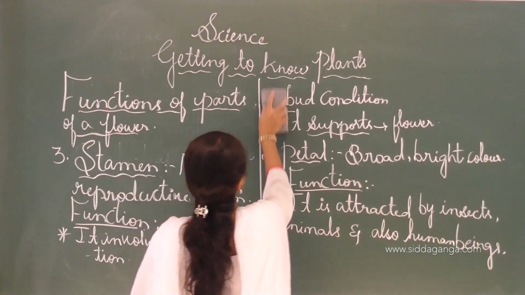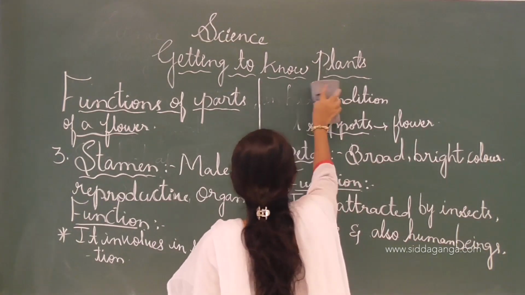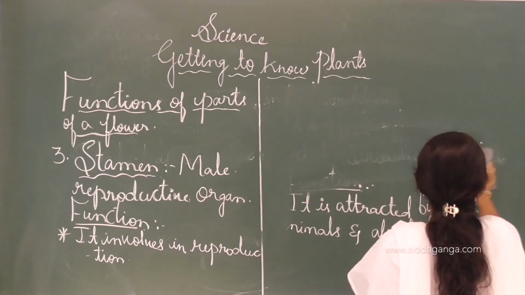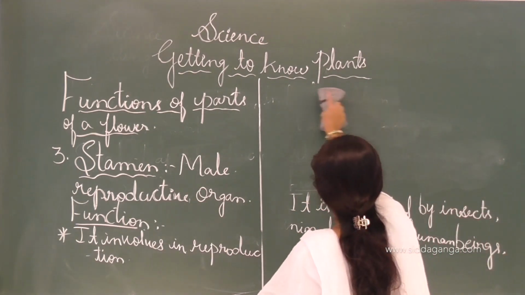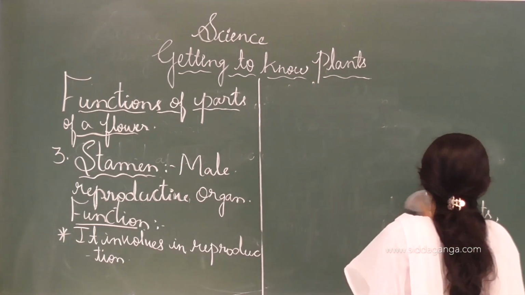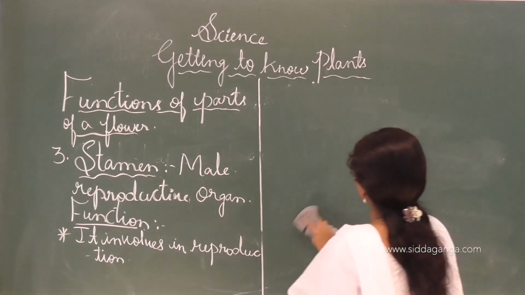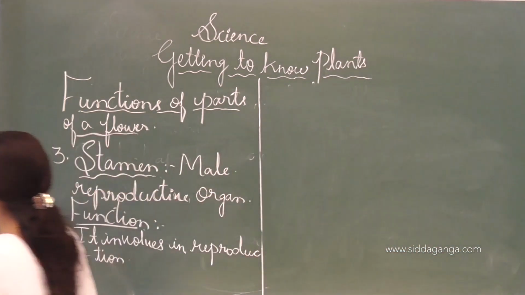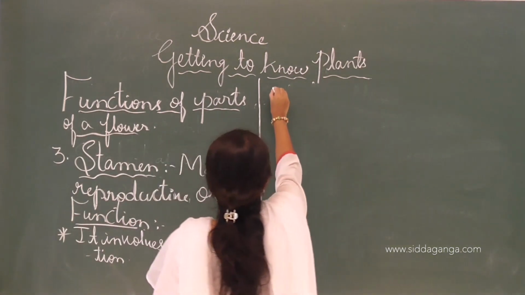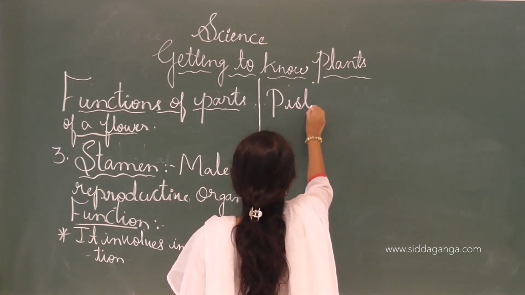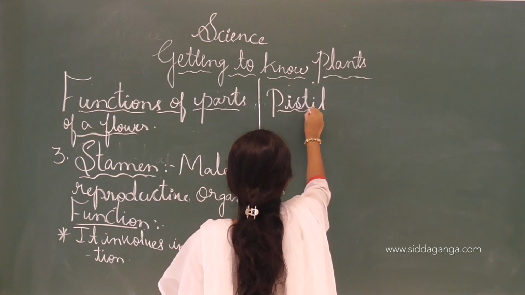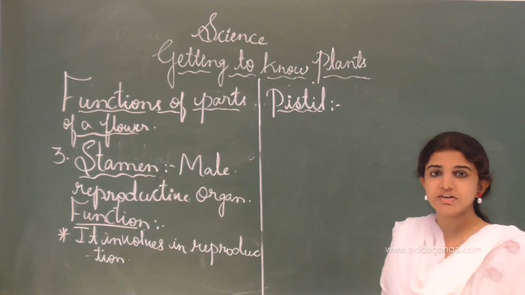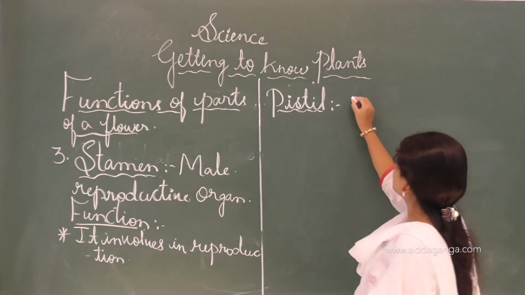Next one is the pistil. Pistil is the female reproductive part or organ of a flower.